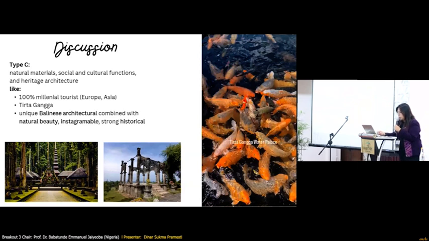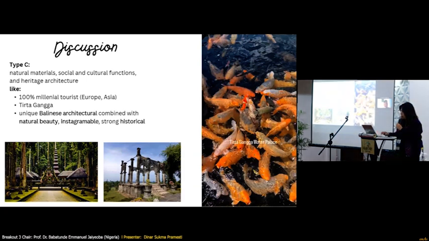Tourists have different preferences for iconic architectural attractions, and the top five preferred types are C, A, K, and D. The first one is type C. Type C uses natural material.